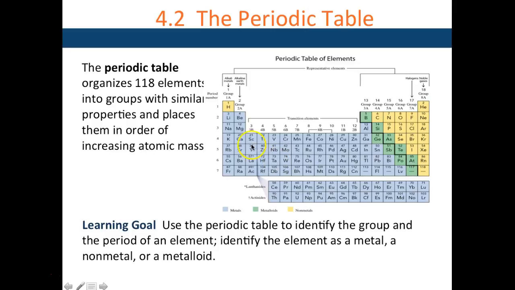Out of the 118 elements, a majority are metals. And then you have the non-metals on the right side. They are yellow. Hydrogen is a non-metal, but it's being placed here on the left side, and there's a reason for that, and we'll come to that a little bit later on.